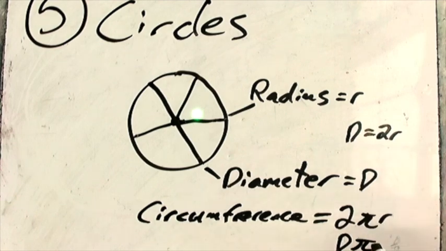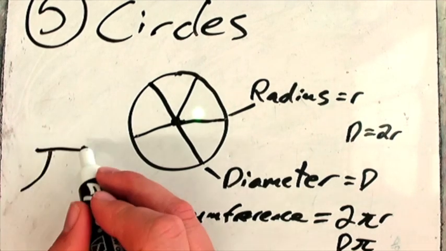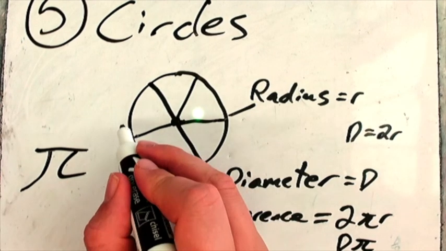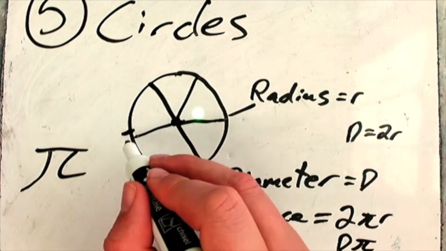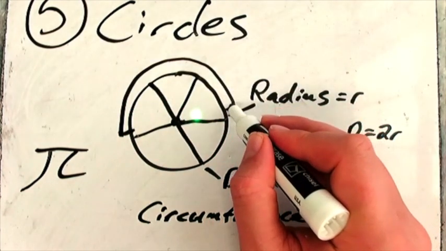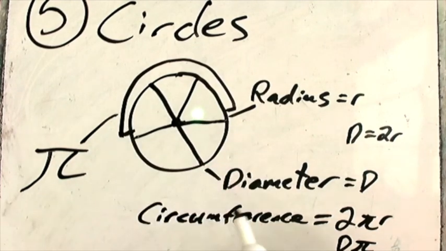But what the heck is this pi? You might have heard of this letter pi. It's a strange letter that actually comes from measuring the length of all the way around half a circle. So this would be pi. Do you have to know that in detail?